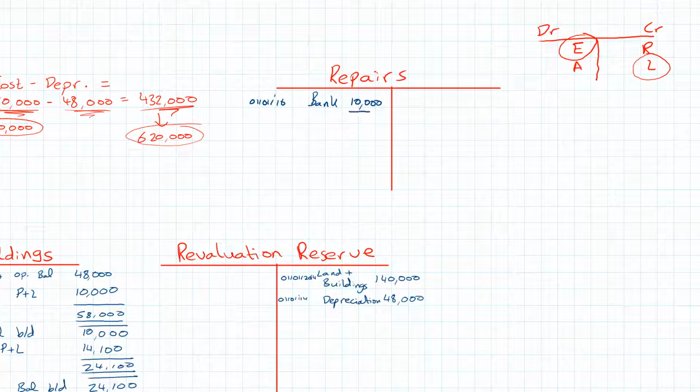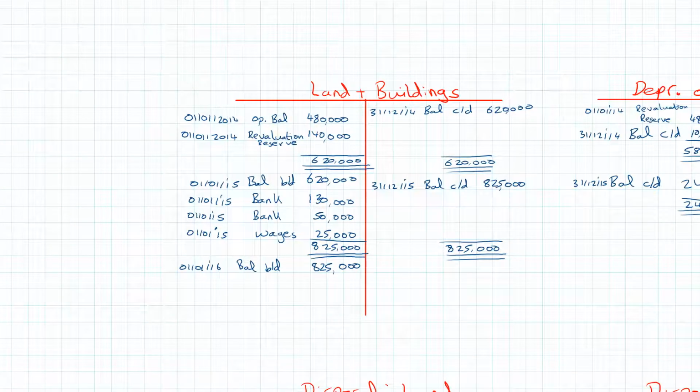Now there's no other mention of it, so I'm just going to balance it off now. We're going to balance it, 10,000, for next year.